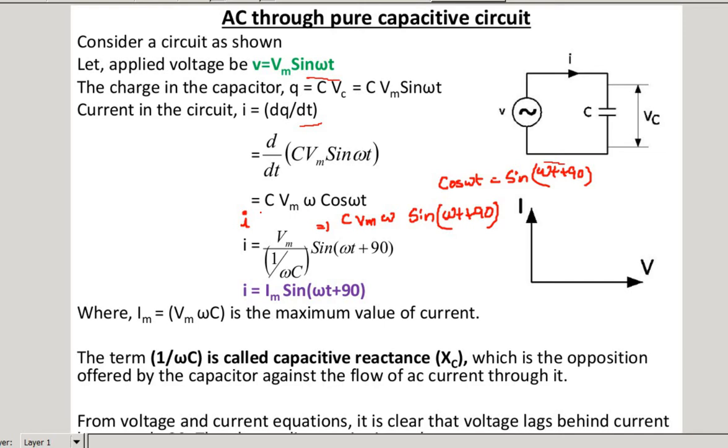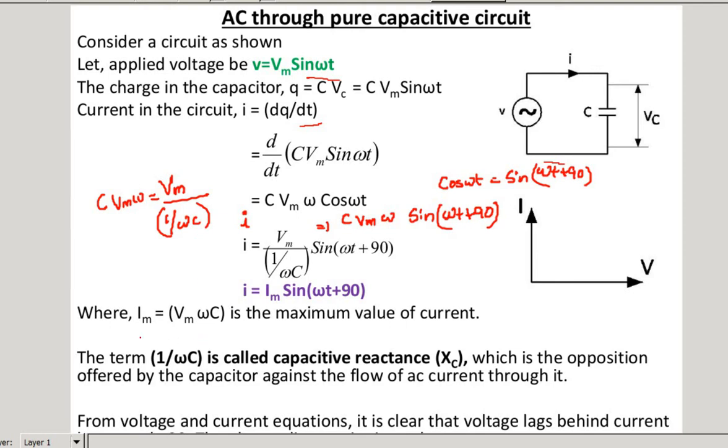Now, again we can rewrite C Vm omega as Vm divided by 1 by omega c. Why? Because C Vm omega is equal to the maximum voltage divided by 1 by omega c.